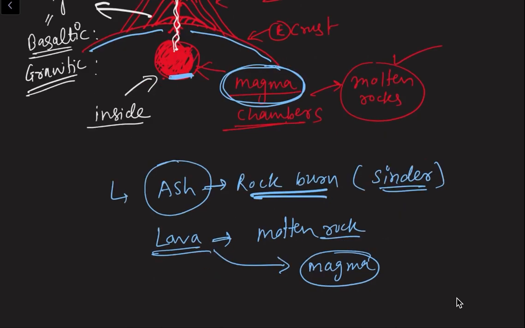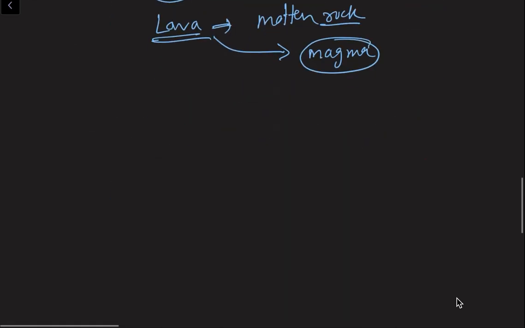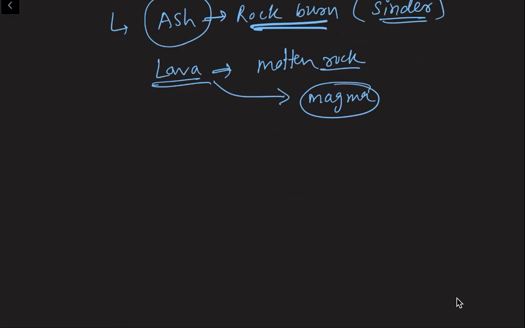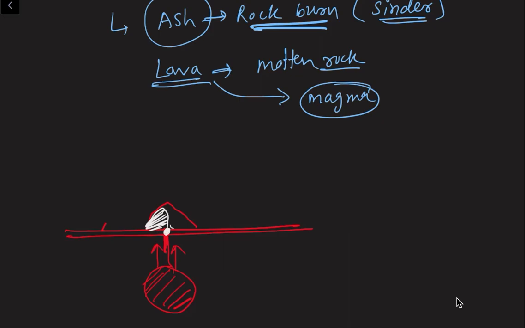Now, whenever this volcanic process starts, initially see here there is a magma chamber, and slowly the magma is rising, coming up. Now it is tearing this surface from here, and the magma is coming and accumulating in this area.